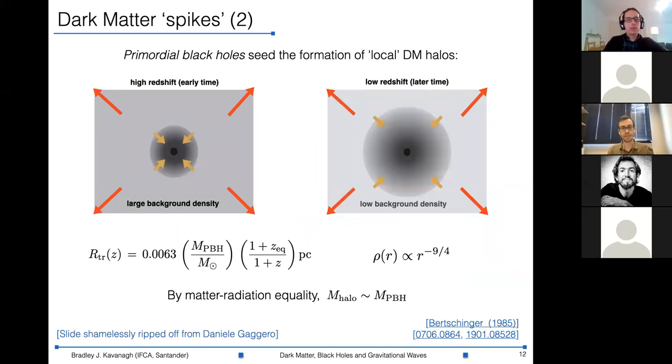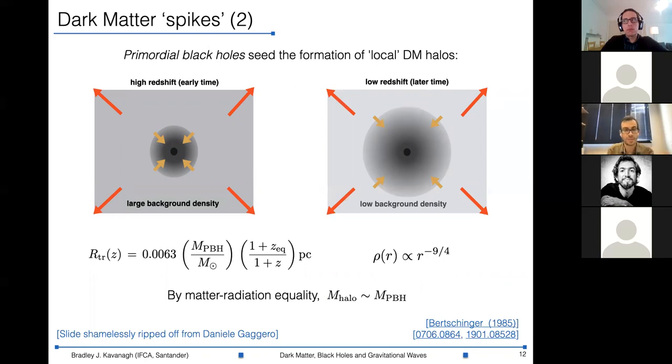The other possibility that we'll think about is primordial black holes. These are not black holes which form from the collapse of gas clouds relatively late in the universe, or the collapse of stars. Instead, these are black holes which form from the collapse of large overdensities in the very early universe, before the formation of the CMB, shortly after inflation. If these things are real, then they will actually grow dense dark matter halos around them.